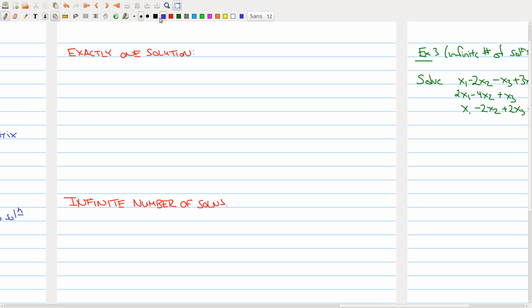Well, in this case, what you're going to have is that the echelon form has a pivot. So remember what that is.